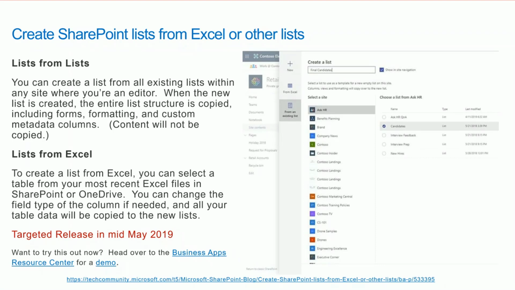The interface for this is going to be radically changed from the previous create a list from an Excel spreadsheet. They're basically creating a new interface that can do both of these options right from the get-go.